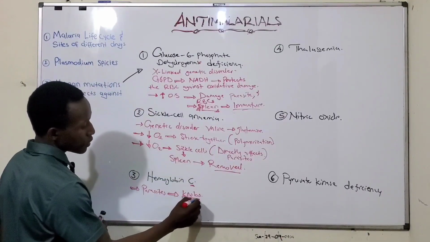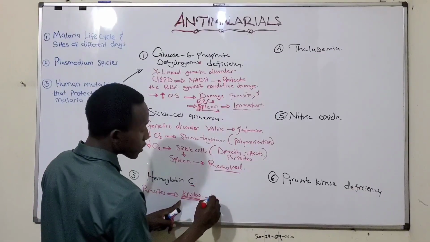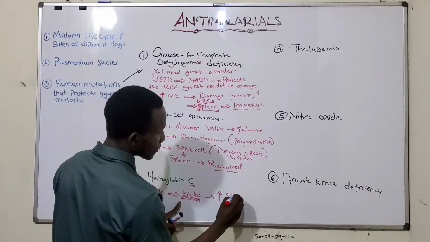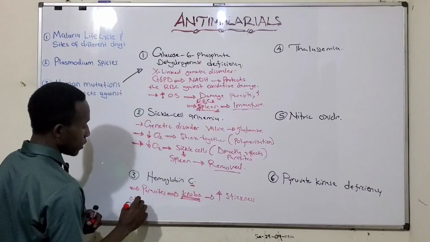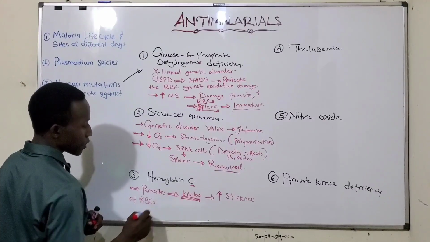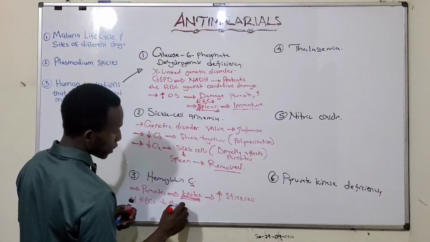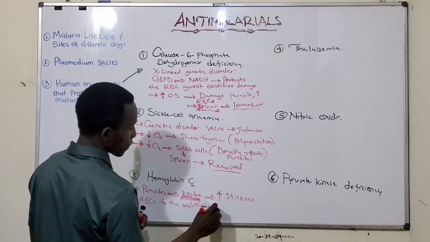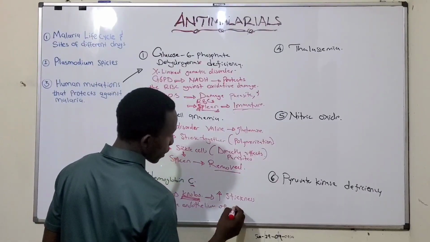These knob proteins come to the red blood cell surface and increase the adherence of the red blood cells to the endothelium of the blood vessels or the capillaries.